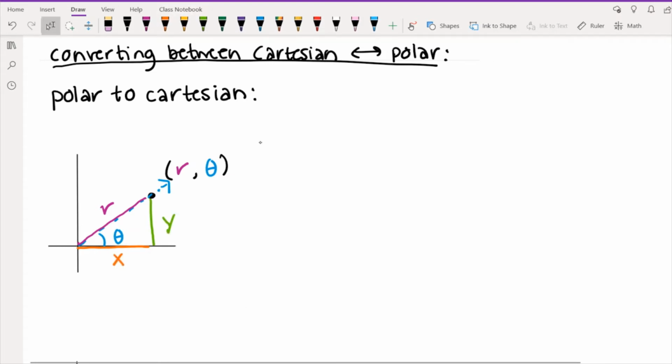Okay, so how do we go back and forth between these kind of relationships between angles and sides of a triangle? Well, trigonometry, right? So for example, if we were to take sine of theta, what would you get, looking at this triangle? You would get y over r.